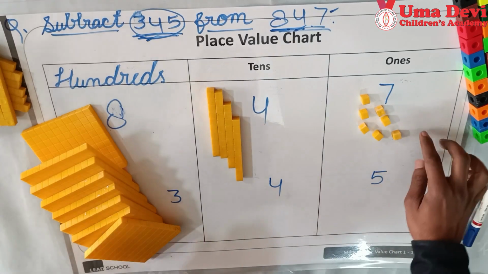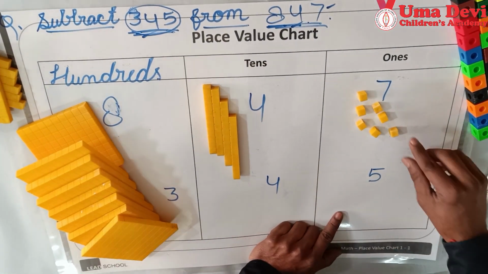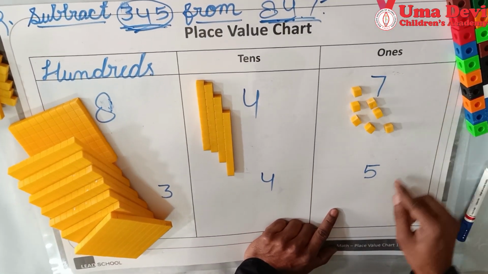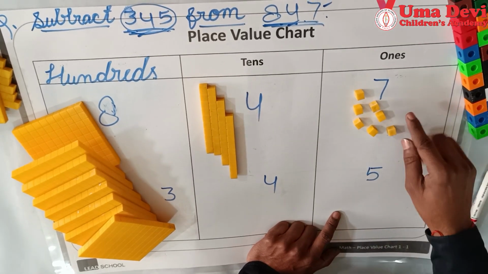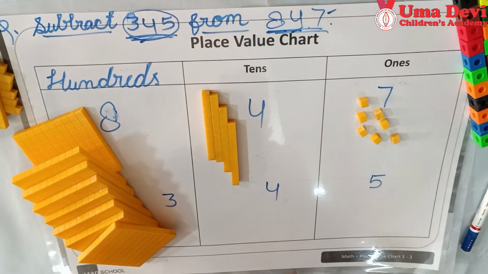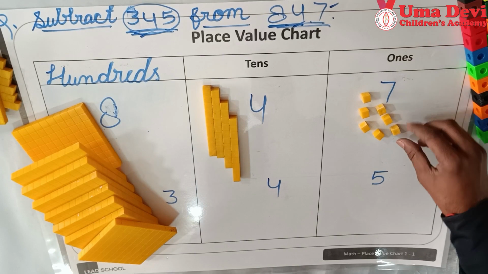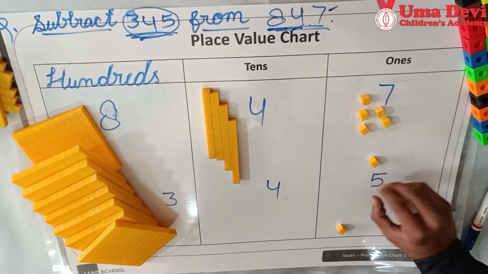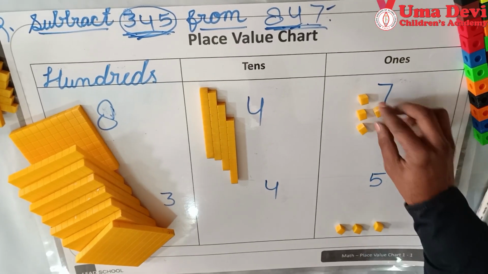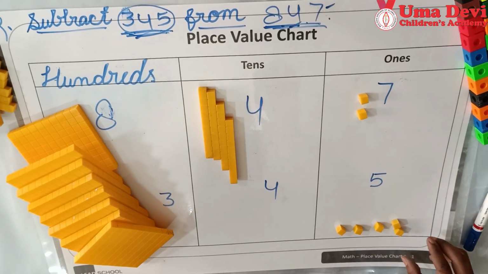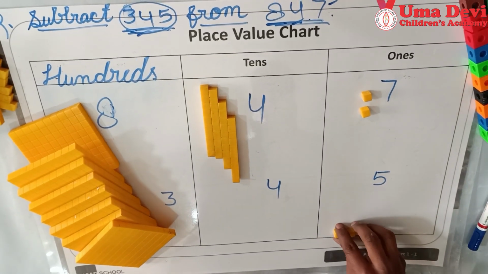So look here, come here once. There are 7, we have to subtract 5. So we will take away 5 ones from here. 1, 2, 3, 4 and 5. How many are left? 2 are left.